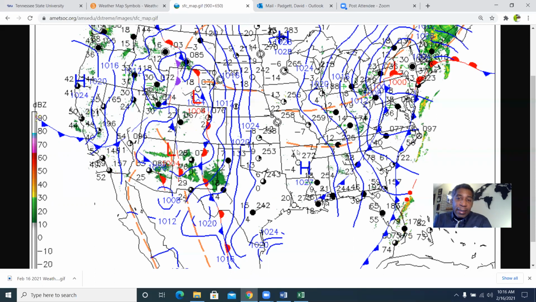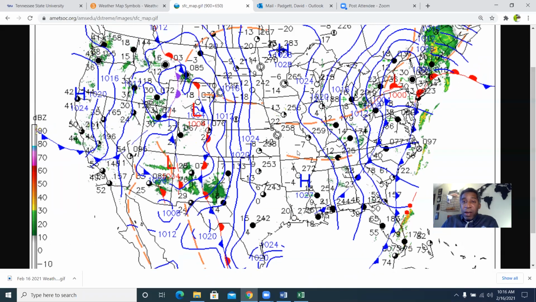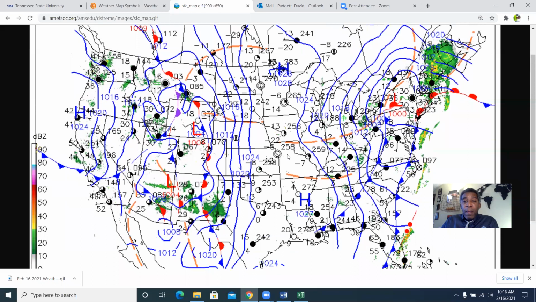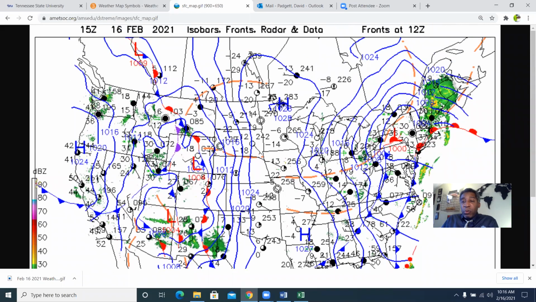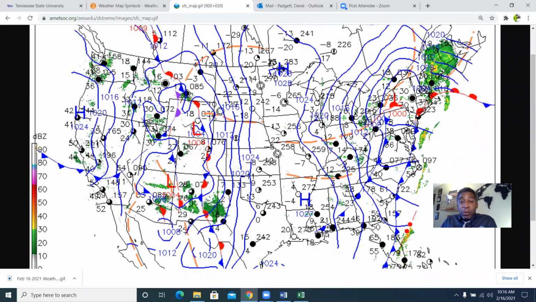I can't say from looking at this map for today if I'm 100% sure these cold temperatures will persist. I would say at least over the next 24 hours. If we look at Atlanta, the winds are coming out of the west. If we look at Birmingham, Alabama, the winds are coming out of the northwest, and so on and so forth. So this air mass is clearly moving in the southwestward direction.